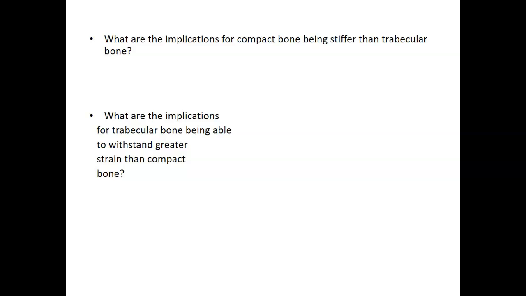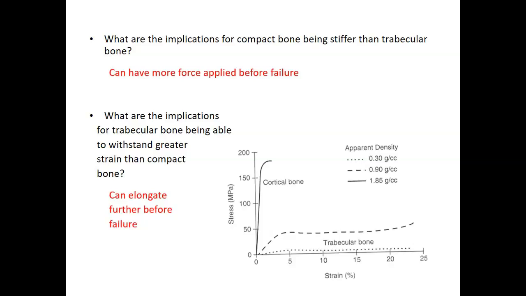Is it going to take more force, or is it going to take more... I don't know how to frame the question other than that. If a force is applied, is it going to take twice the force, or is it going to take a more prolonged force? All right, so let's say it can have more force applied before failure.